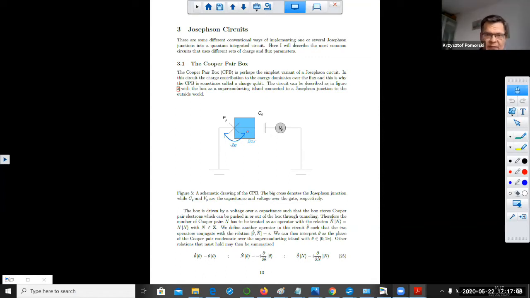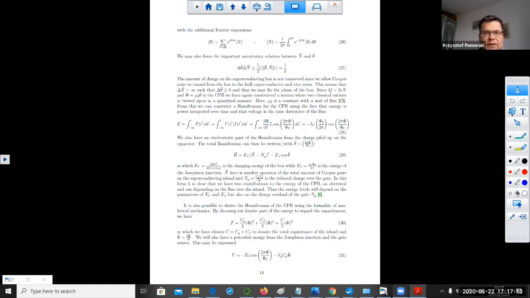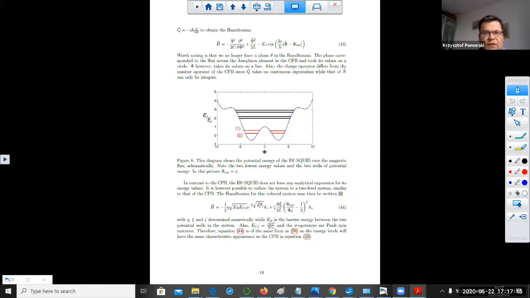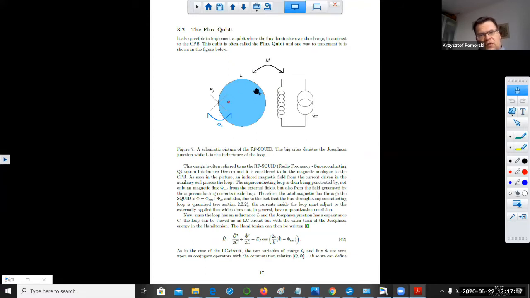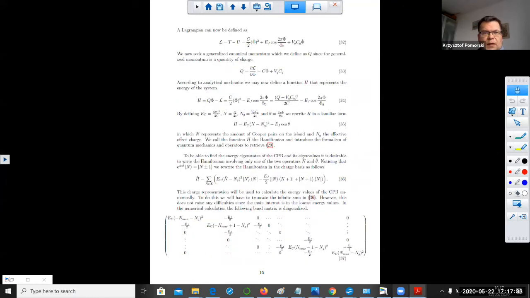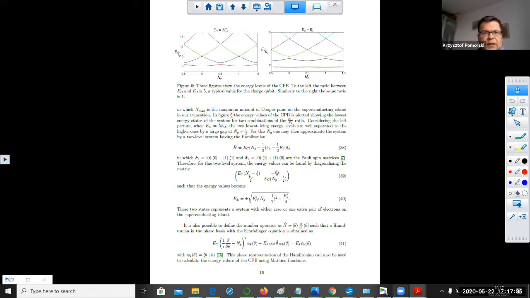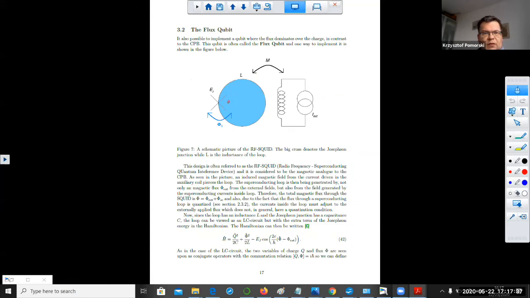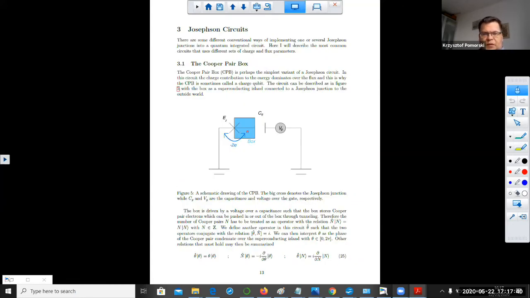So basically, what is the system? Okay. So the flux qubit was, we have a closed loop of superconductor. There was a Josephson junction. There was an external solenoid, and there was a magnetic field that punched through the interior of this loop. This was the flux qubit. Okay. So now I go into this Cooper pair box.